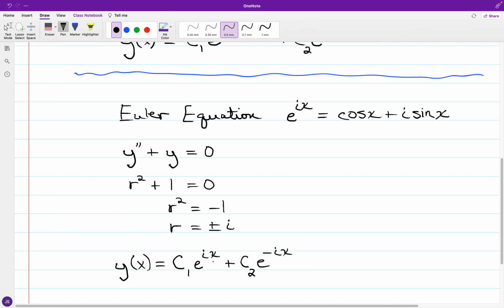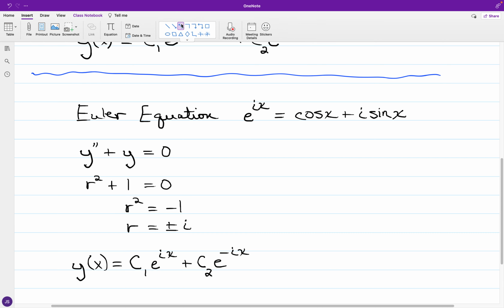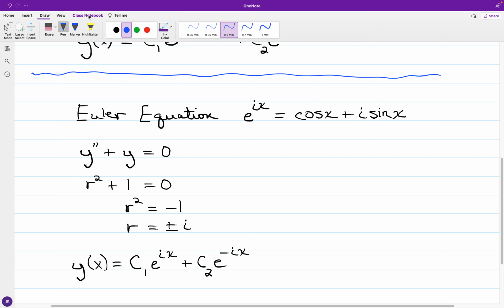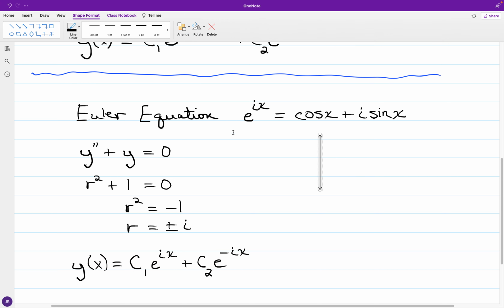If you notice, e to the ix is cosine of x plus i times the sine of x, and I'm also interested in e to the negative ix. Let me give you a little bit of background, going back to trigonometry for a moment, dealing with odd functions and even functions.